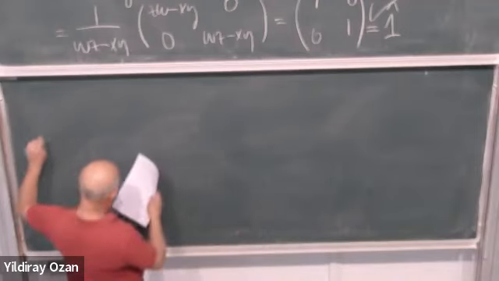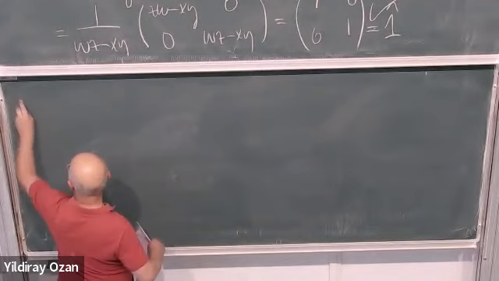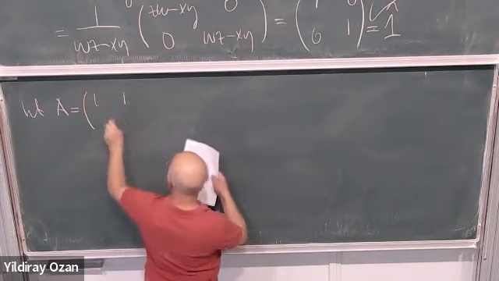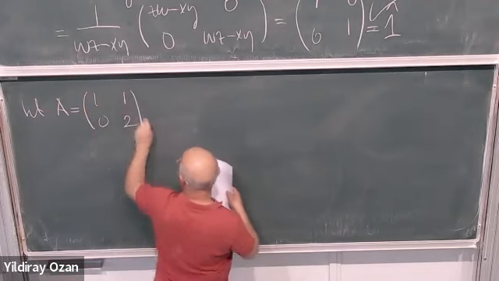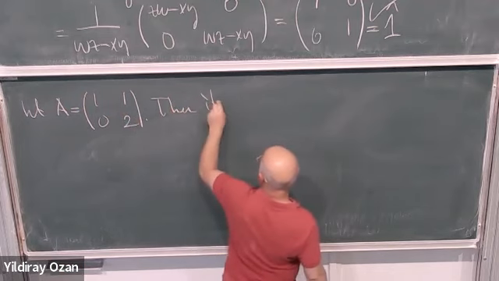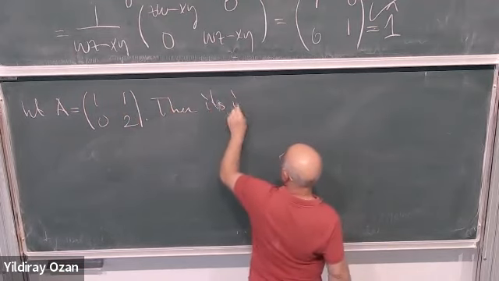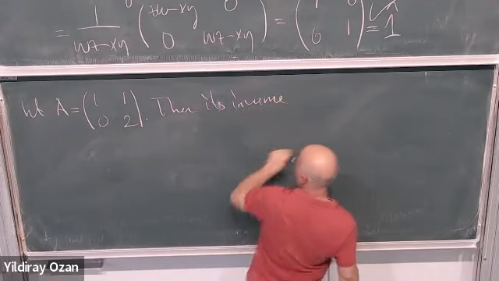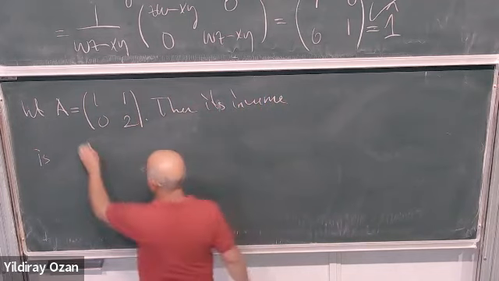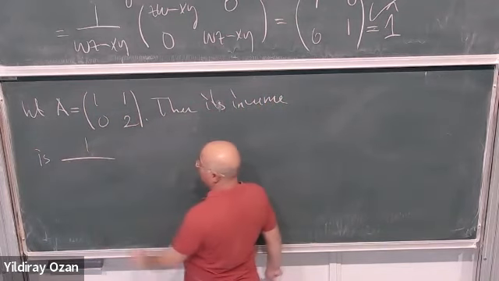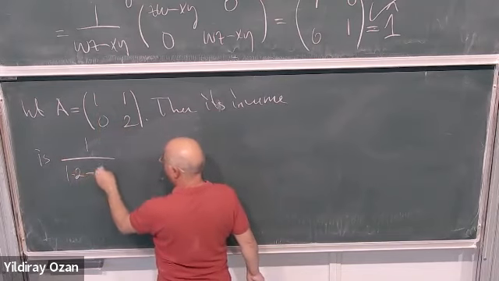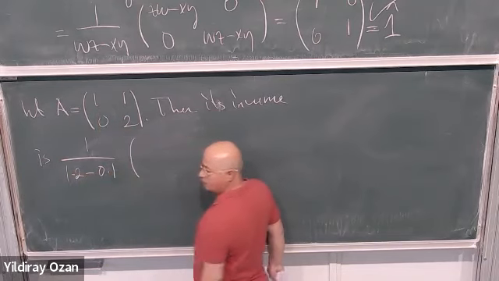A numerical example is this. Let A, for example, be this matrix 1, 1, 0, 2. Then its inverse is what? 1 over the product of these two, 1 times 2 minus 0 times 1, and then what do we do?